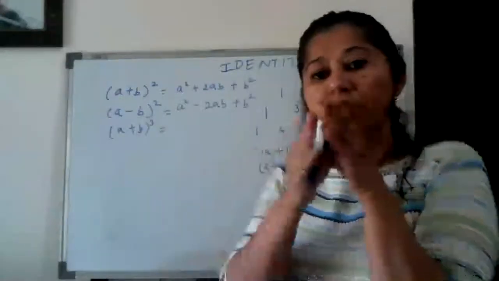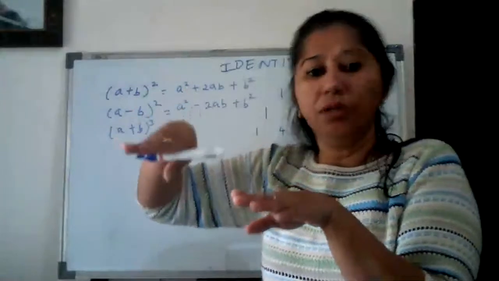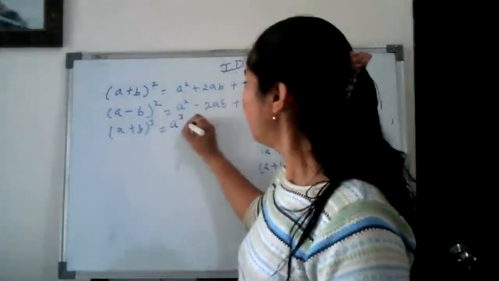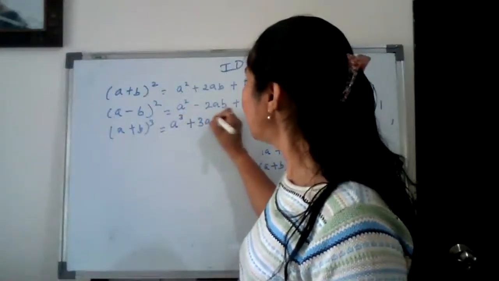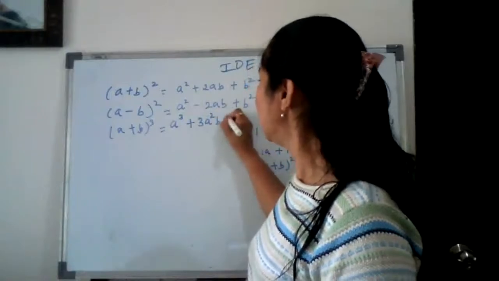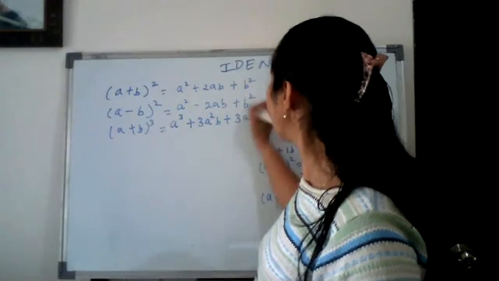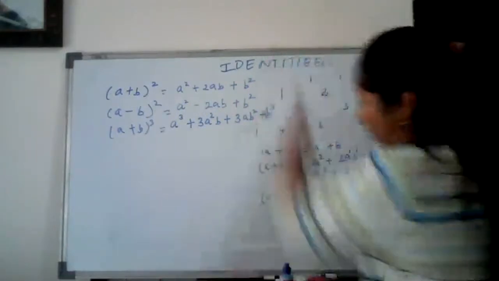That you give the highest power to the first one, then go on lowering it and go on giving the higher power to the second one. So it is a cube plus 1331, reduce this one, add this one extra here, and you get b cube. So this you can go with the higher power like this.